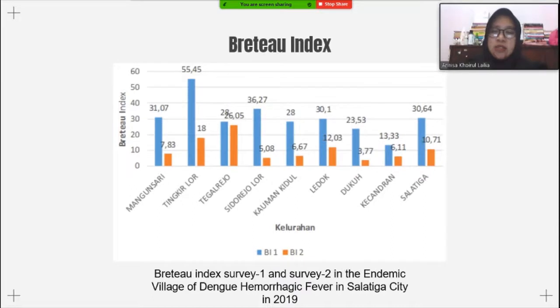And then the Breteau index also shows a decrease from survey 1 to survey 2. We can see, for example, in Mangunsari from 31.7 to 7.83 Breteau index.